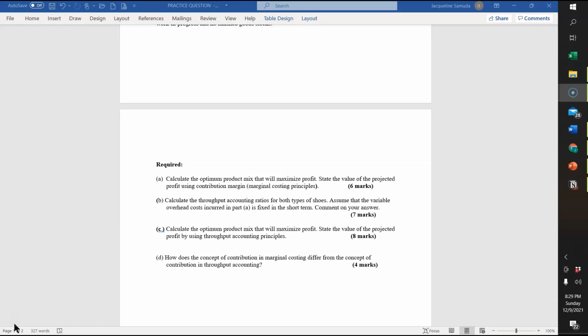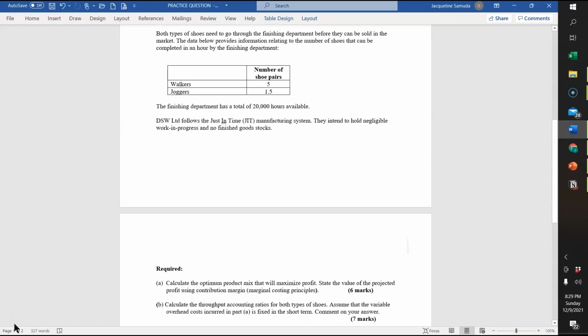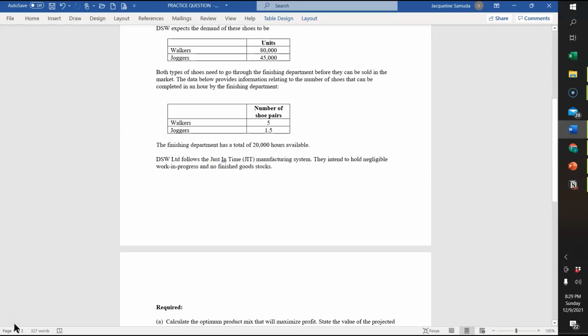In that slide, it had said that it's a management technique that is used to identify the most profitable product within an environment that is experiencing a limitation of resources. And I've already mentioned that the limited resource in this question is the finishing department, meaning the amount of hours available in the finishing department.